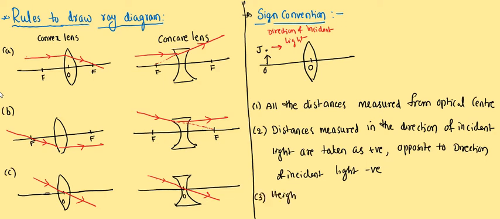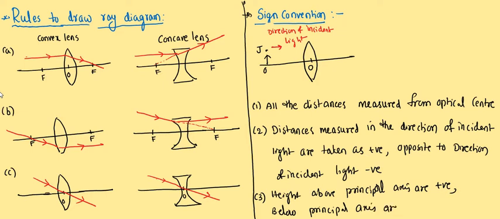And heights measured above the principal axis are taken as positive, and below the principal axis are taken as negative. It is very simple, okay. For example, light is incident on the right side.